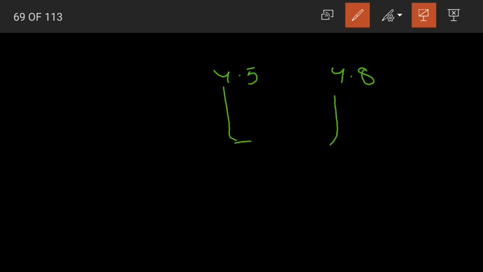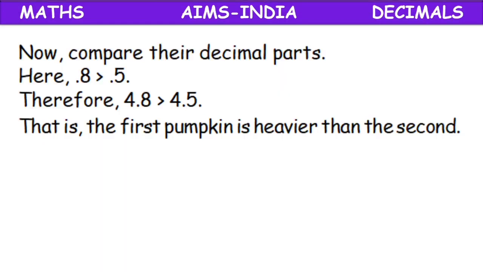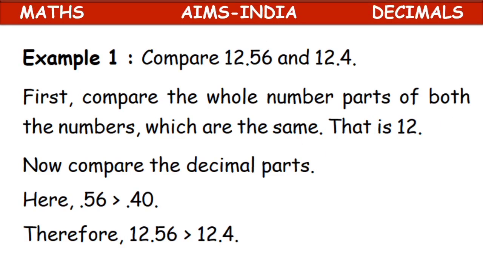The first digit or the whole number part was the same. So that is why we went with comparing the next digits. What are they? That is the decimal part. 5 is less than 8. So 4.5 becomes less than 4.8, children. The same rules of comparing whole numbers apply here. No need to worry. Let us look at example 1.